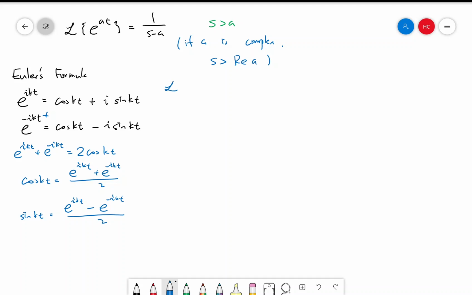So the Laplace transform of cosine kt is the Laplace transform of e to the ikt plus e to the negative ikt over 2. Because the Laplace transform is linear, this splits into two Laplace transforms.